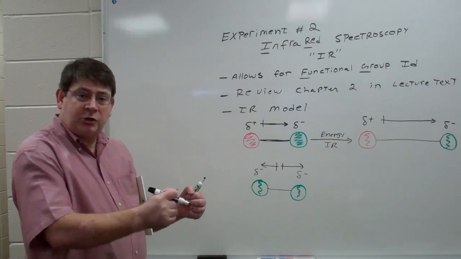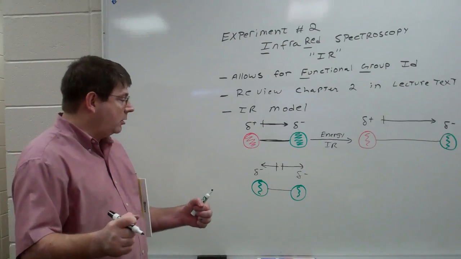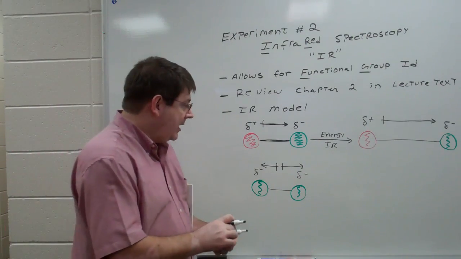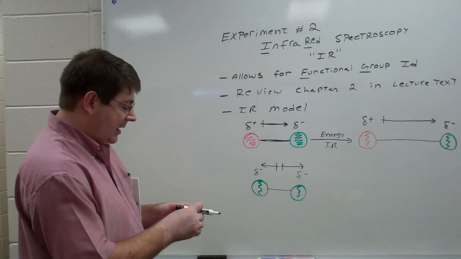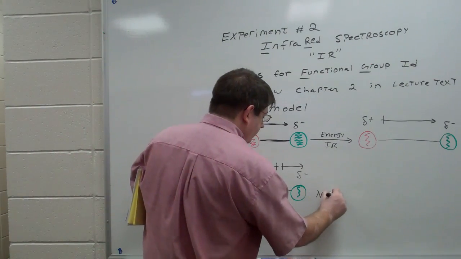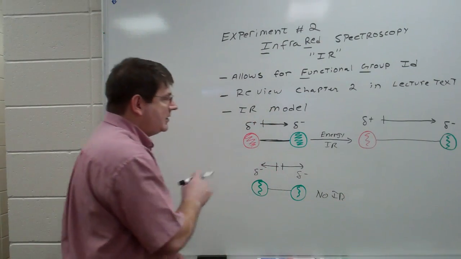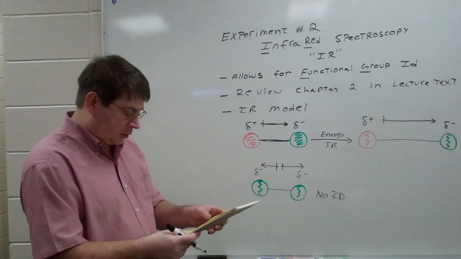So even if that bond stretches, there's still the dipole going to the right and the dipole going to the left perfectly cancel one another, and there's no net change in dipole moment. In a situation like this, we could not observe this by IR spectroscopy.